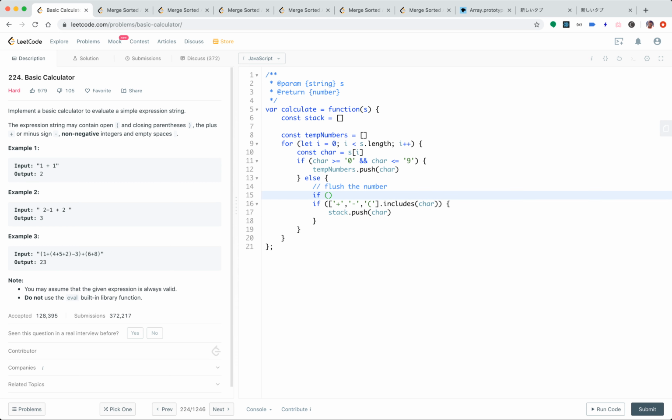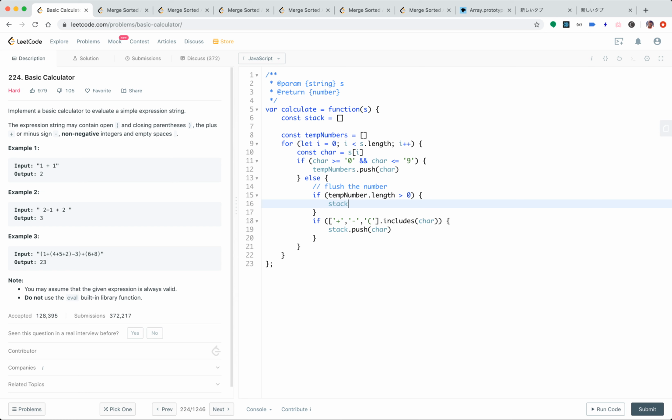If temp numbers length is bigger than 0, we stack push temp numbers join, then parse int.